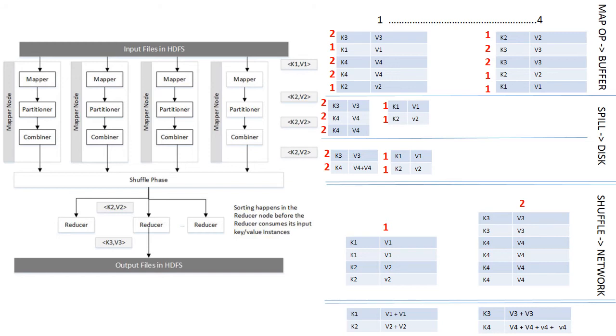Here you can see that I have already sorted the partition files and the combined files by the key values. Key 1 appears before key 2, key 3 appears before key 4, and that goes a long way in reducing the time delays when the files are being shipped and the reduction operation is carried out.